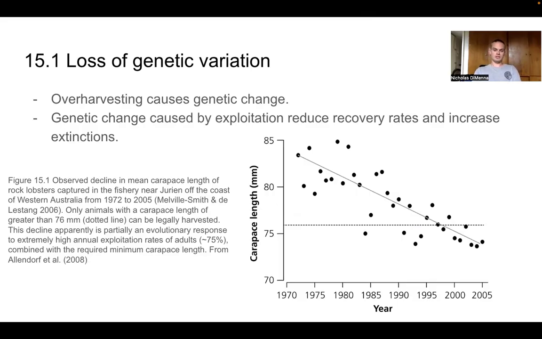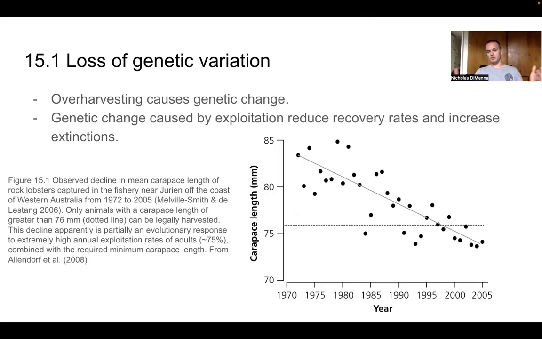Over that 35-year period, the size of these rock lobsters significantly decreased, by about 10 to 13%, going from 85 to 74 millimeters on average.